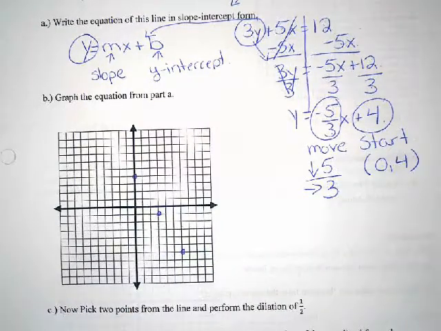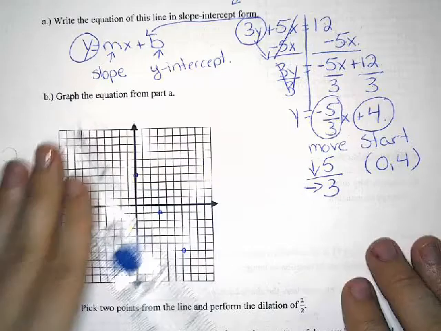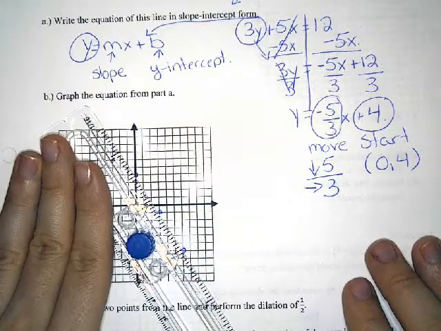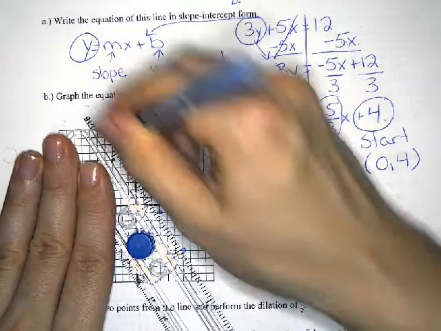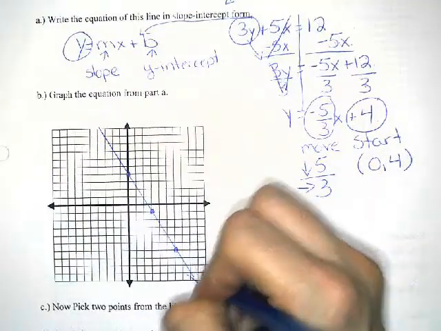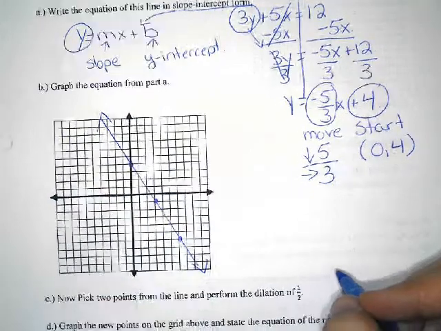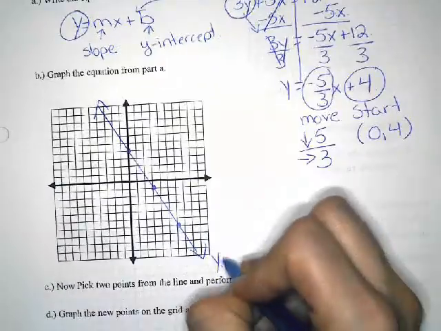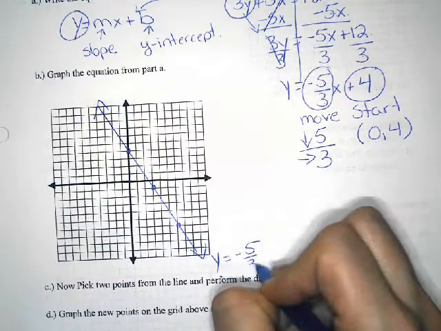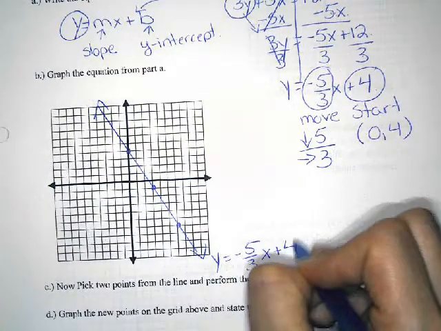Okay, so I do have a few points. So I'm just going to take a straight edge, a ruler, whatever you have, to connect these points together. So this is the line that they originally gave us. Y equals negative 5 over 3x plus 4.